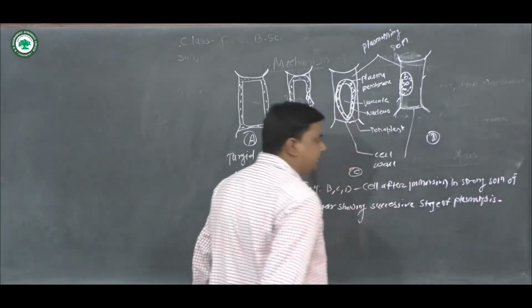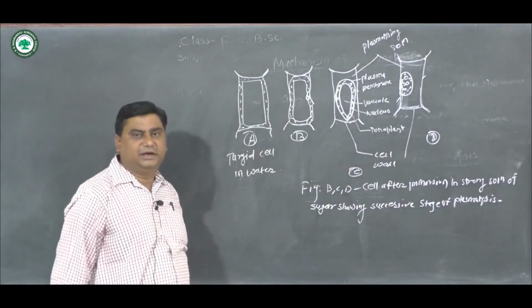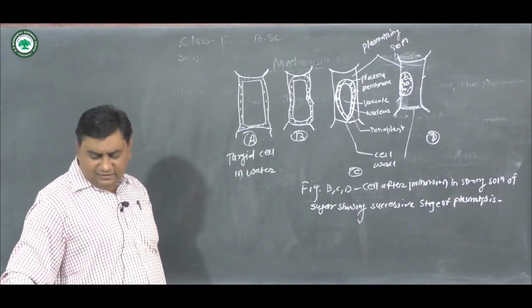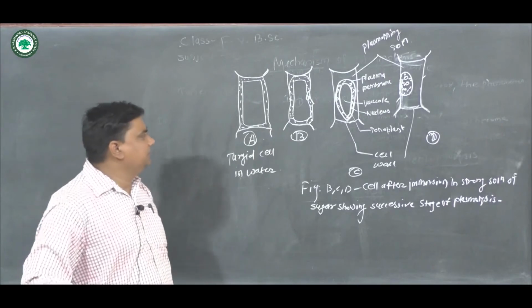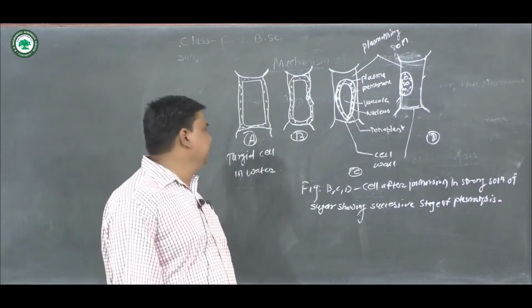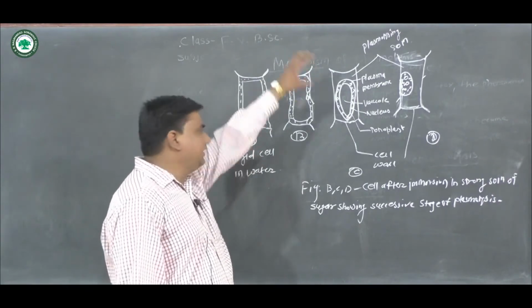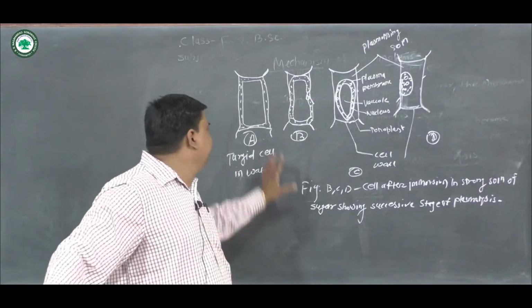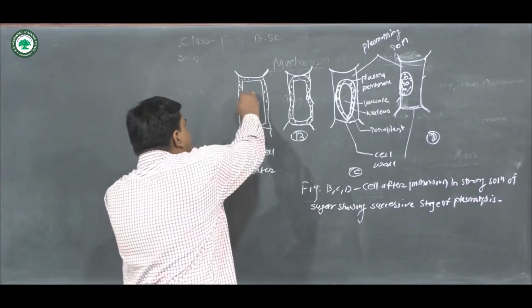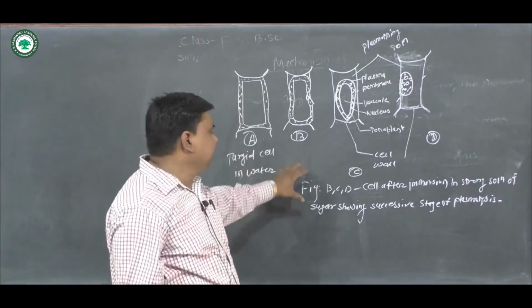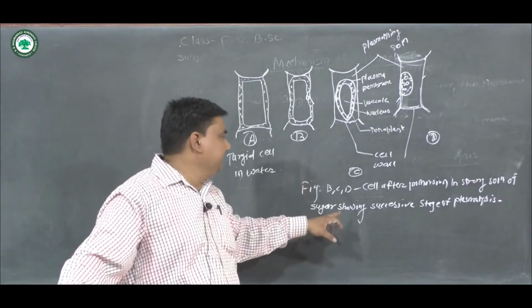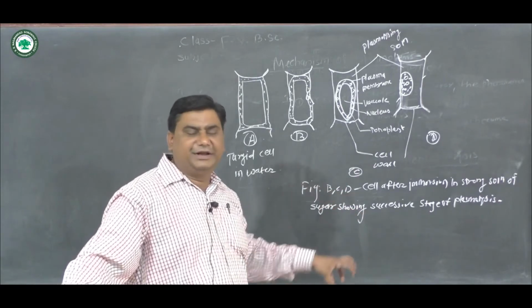Okay, here there are four types of cell. You can see the difference. The first cell is the turgid cell, fully turgid. Then cells B, C and D. What does it indicate?